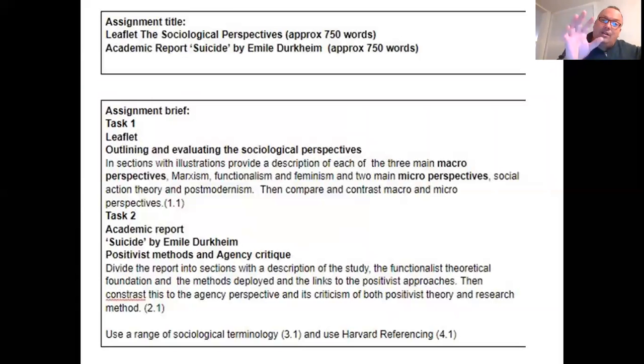What I've written out as a task, I think task 1 should be straightforward and understandable to you. Task 2 echoes what we're saying here. It's looking at functionalism through the study of Durkheim's suicide. This is about linking methods to techniques, which is what the first video I'm asking you to watch is about.